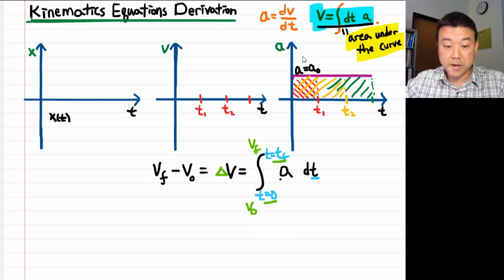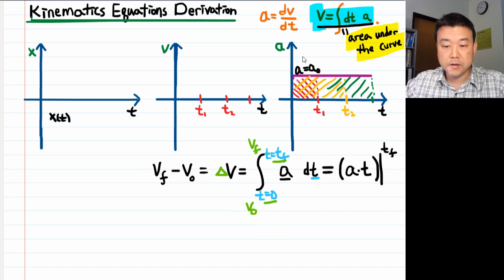Our acceleration a is constant, so the integral on the right hand side is simple. Here we do use the antiderivative to find the, well, integral. So the antiderivative of a constant function is the constant times the variable of integration. And this is the definite part of the definite integral. You evaluate it at the two limits, the upper limit, t final, and the lower limit, t equals 0.